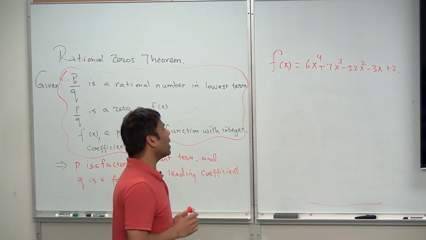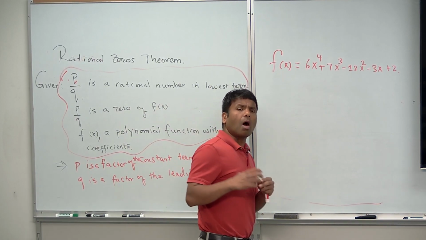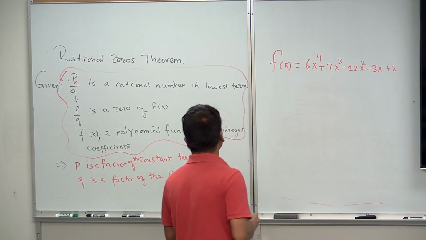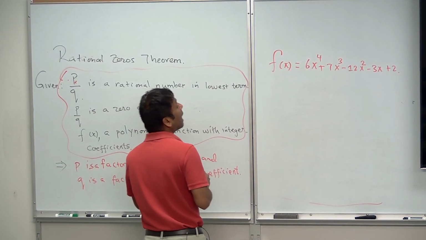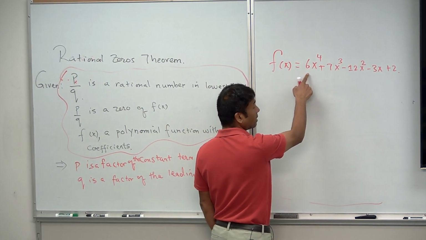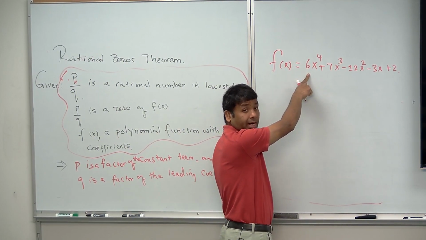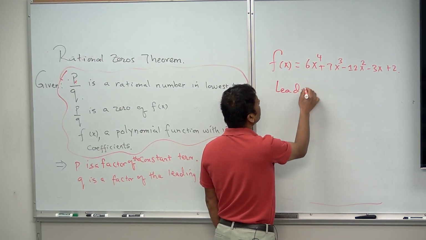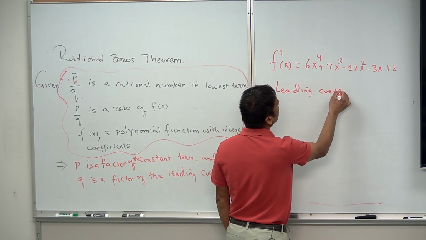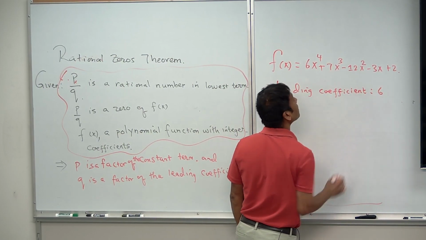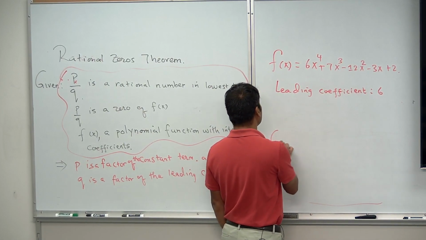Now if you want to list all possible rational zeros, you need to find the leading coefficient, which is 6. You guys know that, right? The 6 is the leading coefficient.